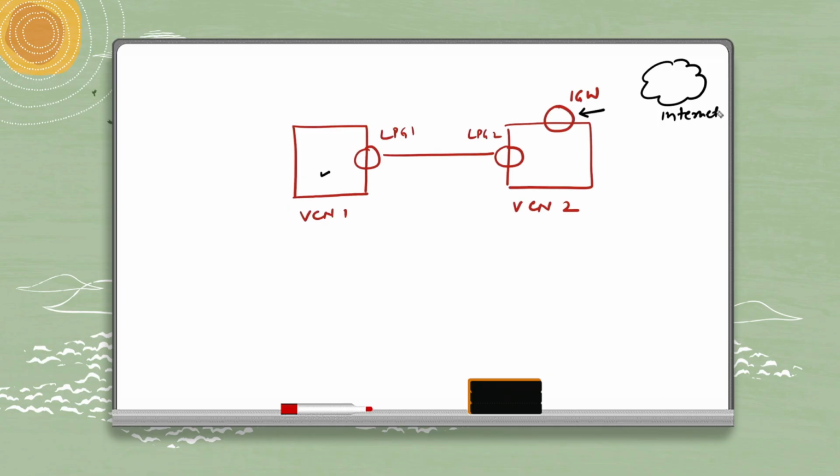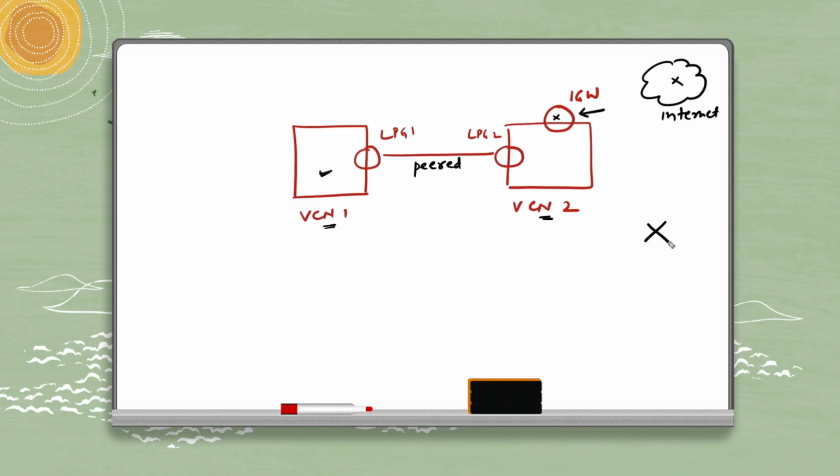I hope you are following what I am asking. These two VCNs are peered locally using local peering gateway. Now, can instances in VCN1 connect to the internet via an internet gateway, which is not present in this VCN, but is present in the peered VCN? What do you think? The answer is no.